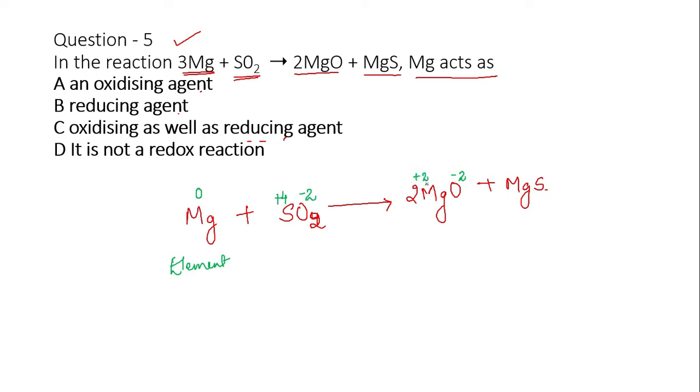Now when we check MgS, Mg, since it's a group 2 element, will always show +2 oxidation state. Accordingly your sulfur will show -2 oxidation state.